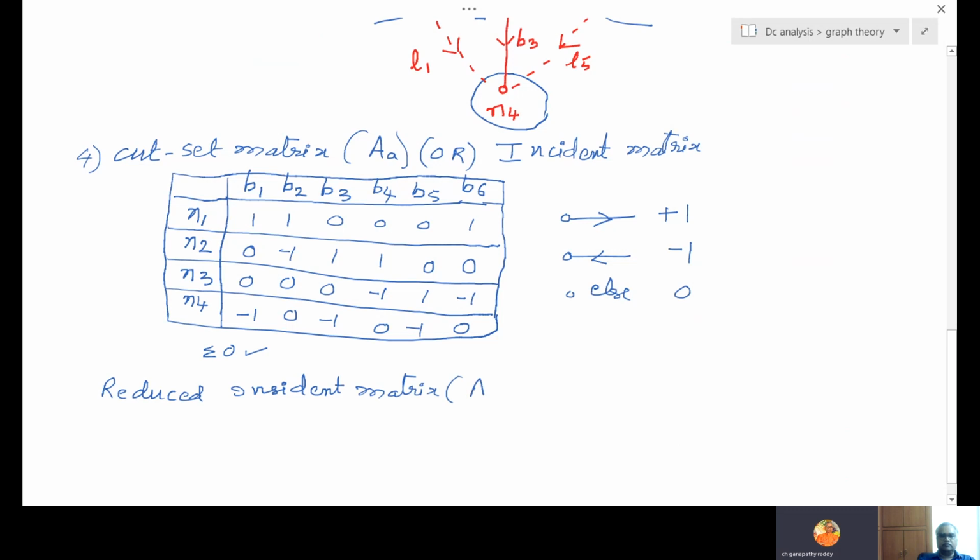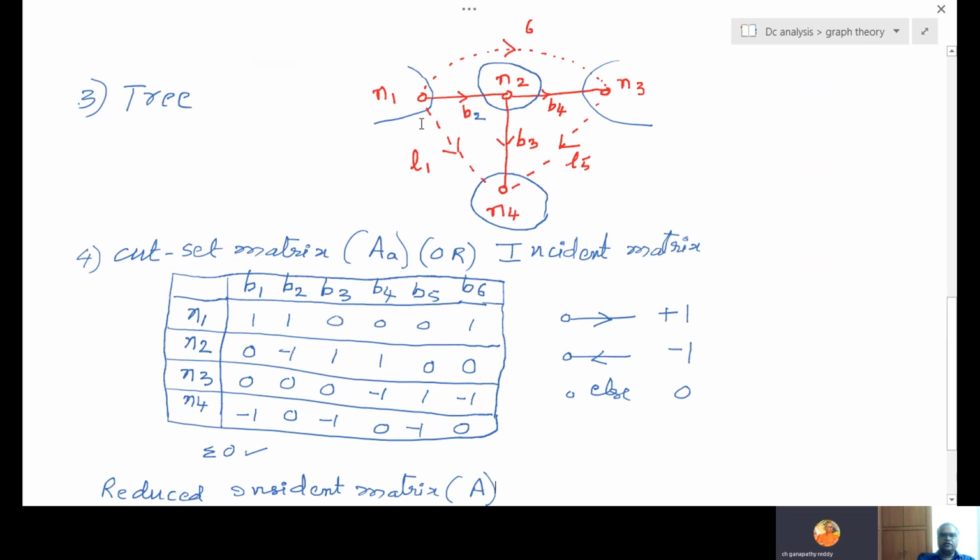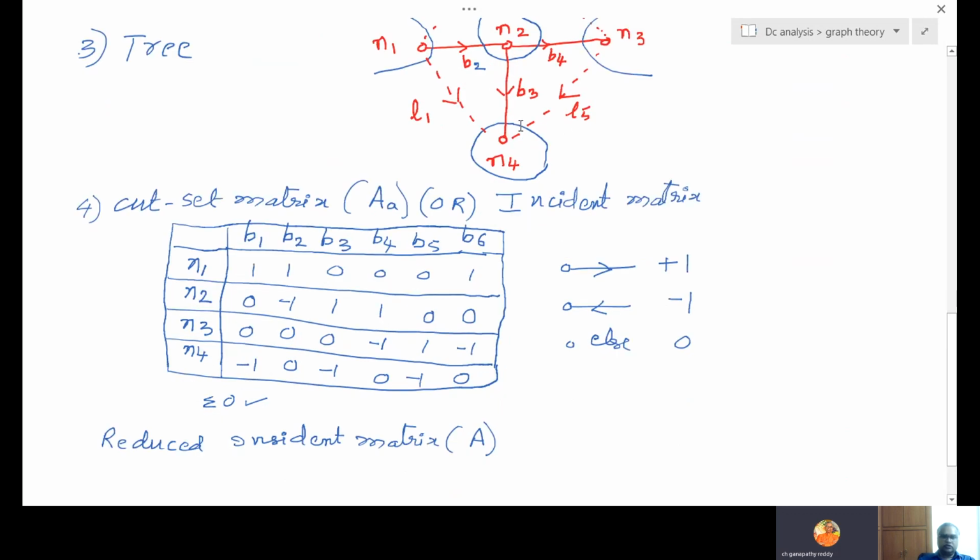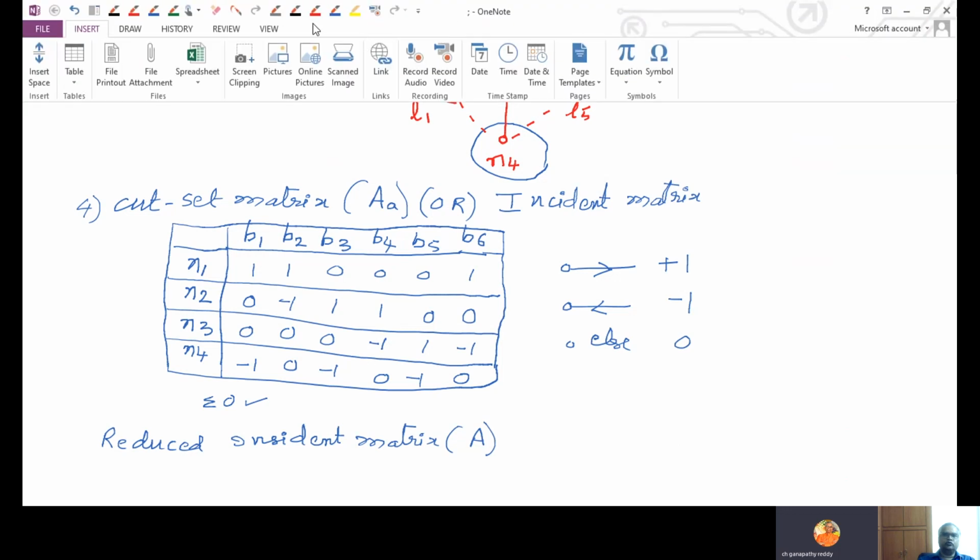That we are calling as A. So which one is reduced: at N1 it is cutting one thick line. At N3 cutting one thick line. N4 also cutting one thick line. But N2 it is cutting three thick lines. So considering N1, N3, N4, ignoring N2.